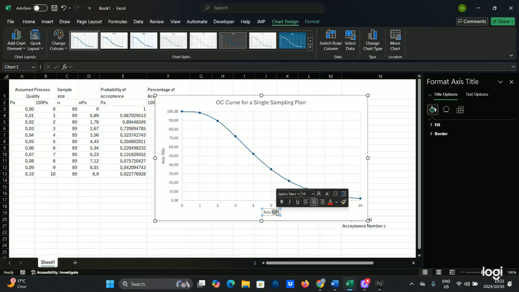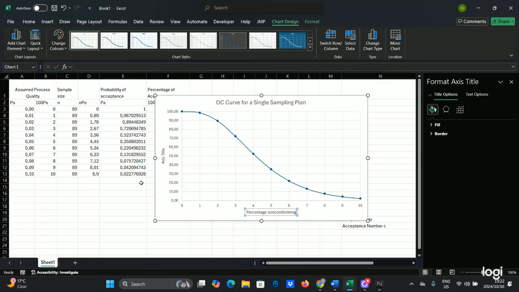And then your x-axis, since this is the expected proportion non-conforming, you can label it as proportion non-conforming or percentage non-conforming. So let's say percentage non-conforming, which is your 100 PO.